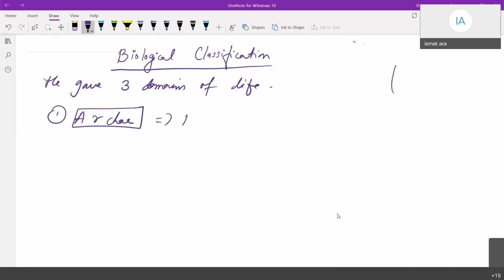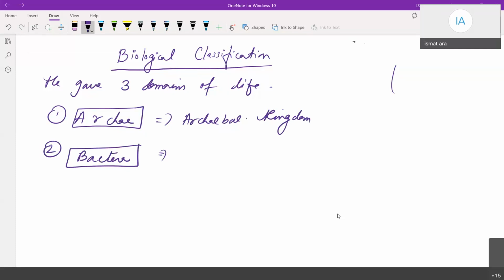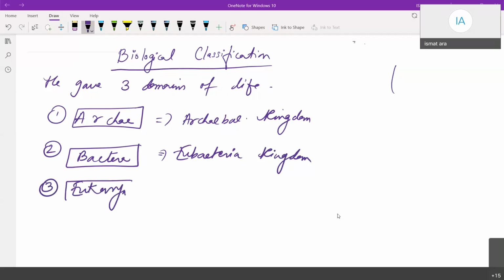In this domain, the kingdom is Archaebacteria. Second domain is Bacteria. In this, the kingdom is Eubacteria. And third domain is Eukarya.